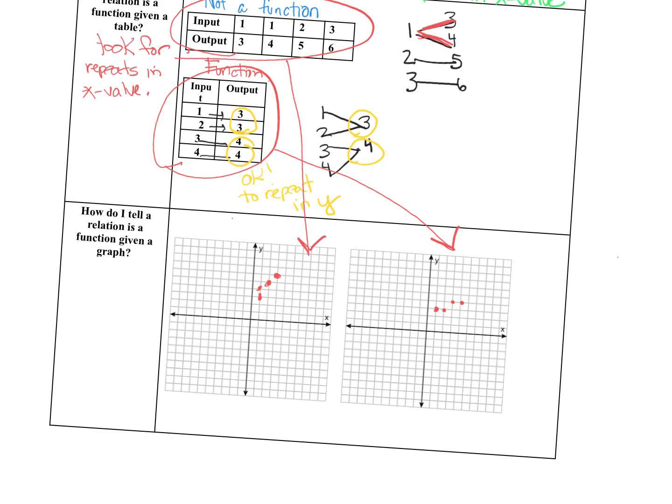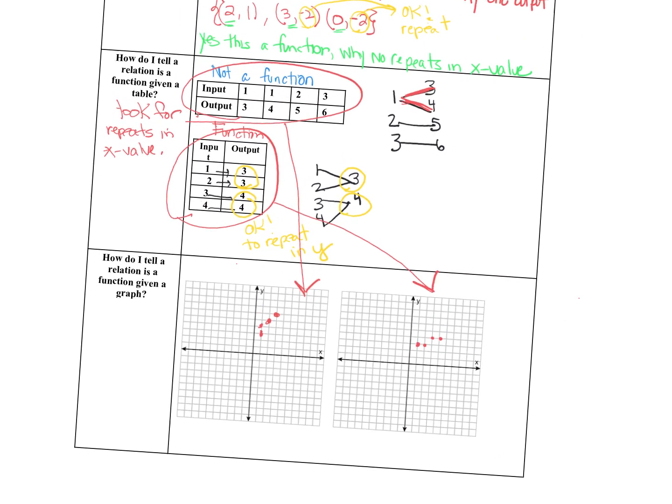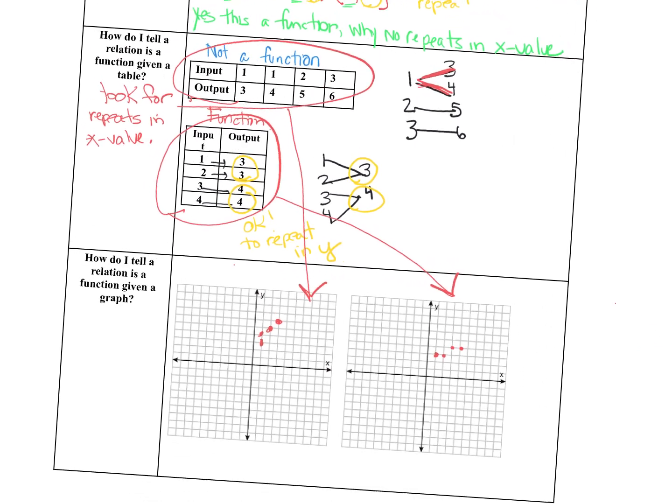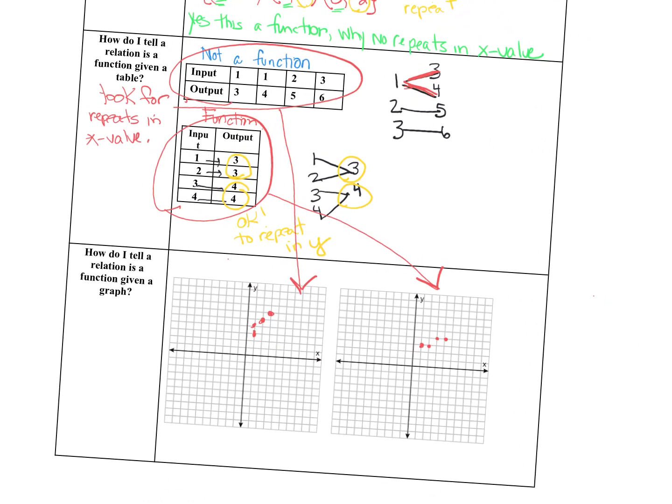All right, so now that we have those points plotted, I want you to pay close attention to where you have plotted the points 1, 3, and 1, 4. Those were the points that we identified that had an x value repeat and therefore made it not a function. If you look here, do you see how this point and this point, the 1, 3 and the 1, 4, happen to fall on the same vertical line?